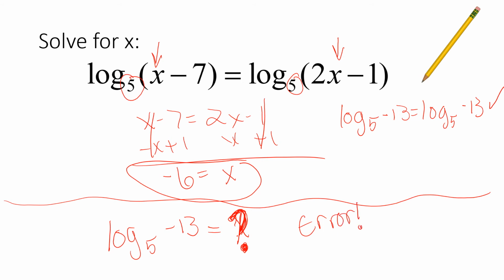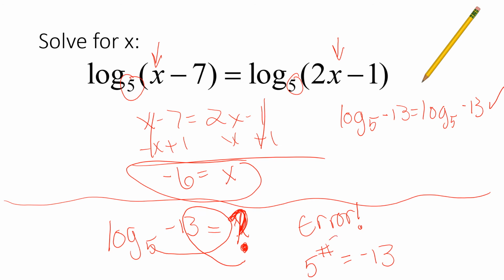If we convert this to an exponential function, something we know, we're saying 5 to some number is going to give me back a negative answer of negative 13. It doesn't matter what my exponent is going to be.